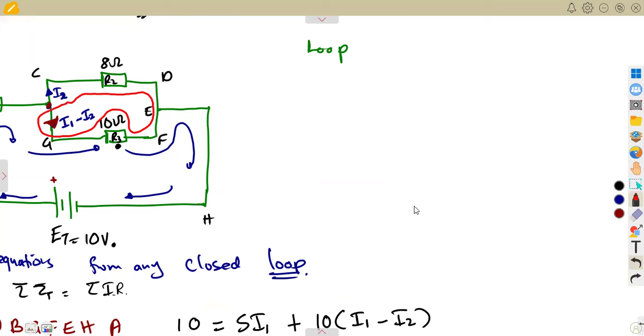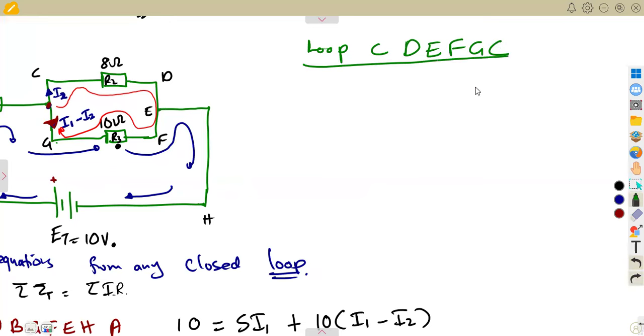The way that we are taking from E this way, this is the way that we are moving. We want to consider this loop. So this is loop C to D, to E, to F, to G, back to C. All right, so this is the loop that I'm going to take.